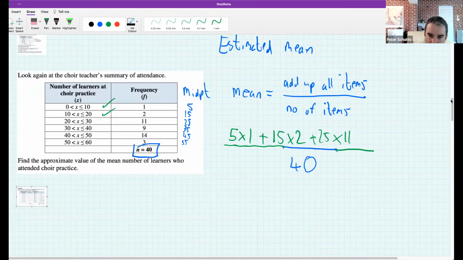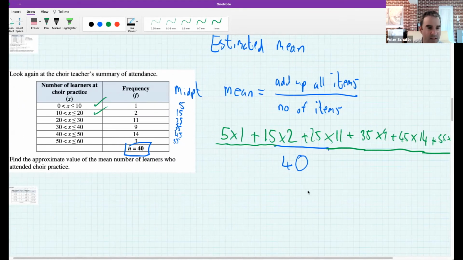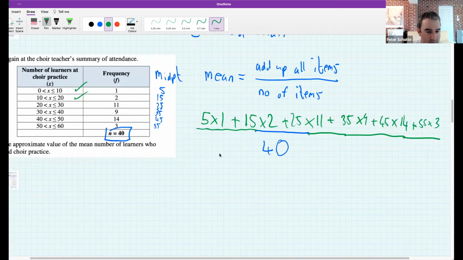So if we carried on with this thinking, 35 was the midpoint of the next one times 9, plus 45 times 14, plus 55 times 3. And so that would give us the estimated mean. What we're doing is saying the midpoint acts as the value, and then we just say how many times that value occurred.